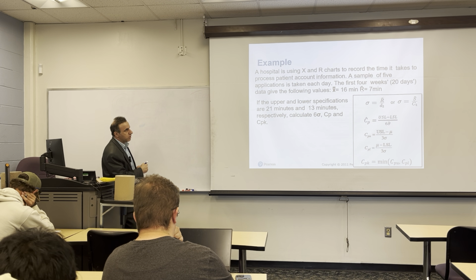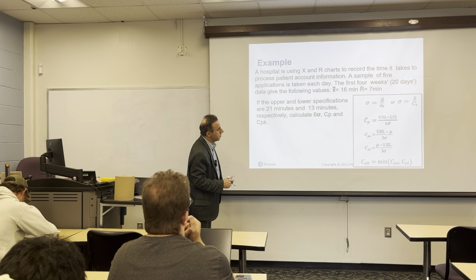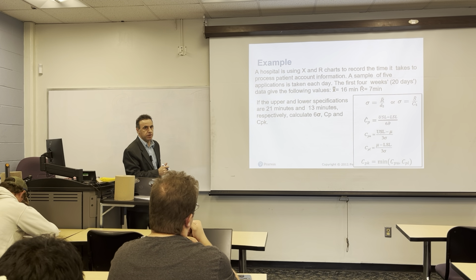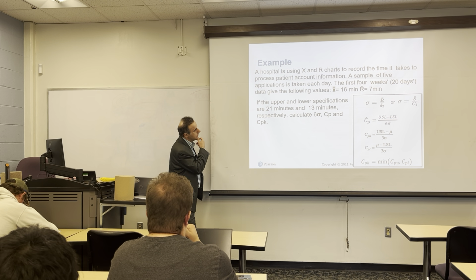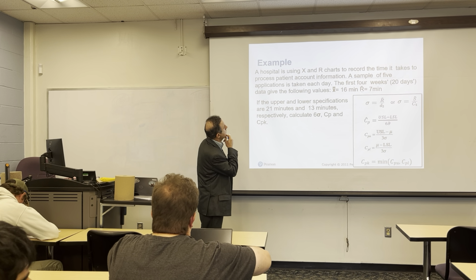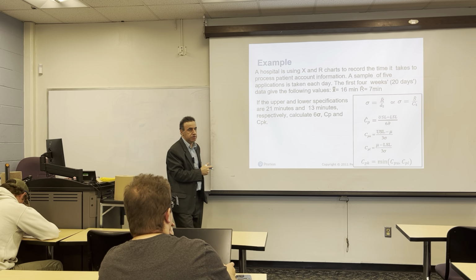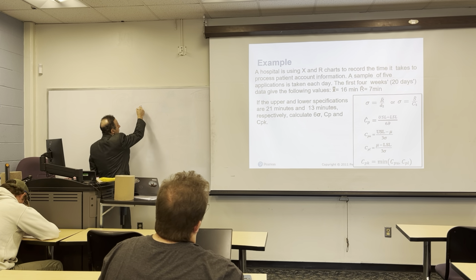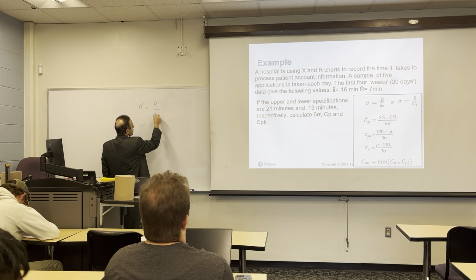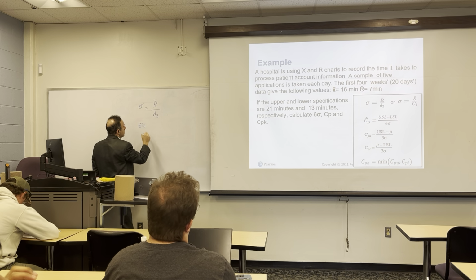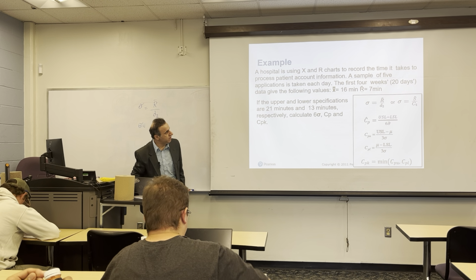So should I use sigma as R bar divided by D2 or S bar divided by C4? R bar divided by D2, because R bar is given. Sigma is R bar divided by D2. How many samples? We have 5 samples.